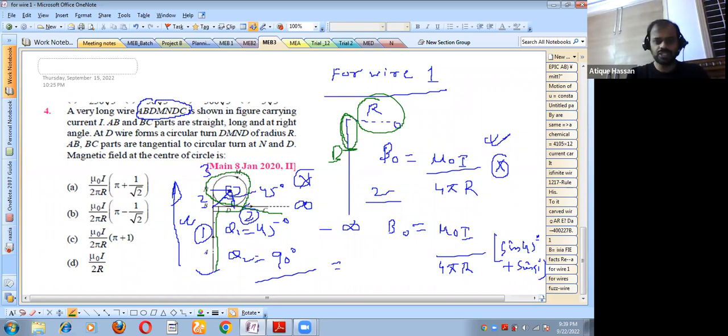So the angle will change. For wire 1, the situation will be like this. Actually, the circle is tangential kind of thing here, so I'm making it a separate wire like this.